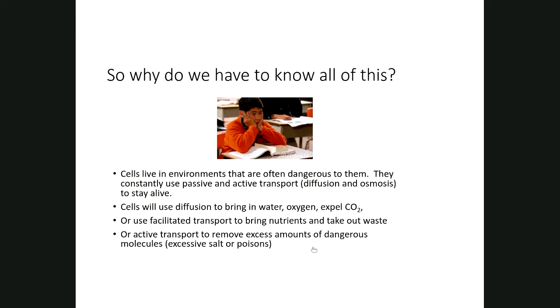Well, your cells are going to go into overdrive. Whatever cells are alive after being exposed to this are going to go into overdrive and try to push these molecules out of the cell, even though they're found in higher concentrations outside of the cell. Okay.